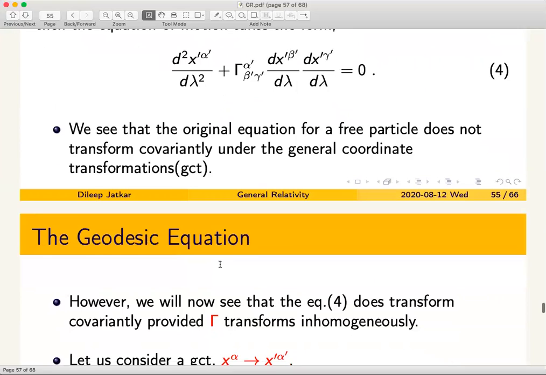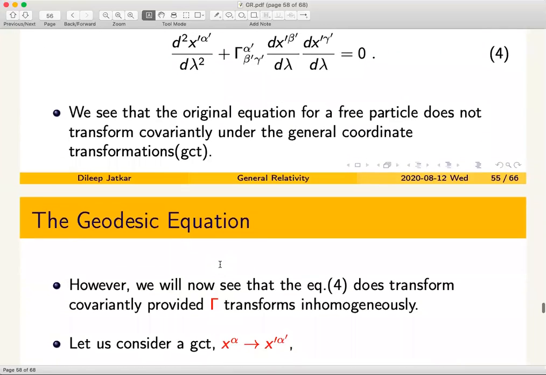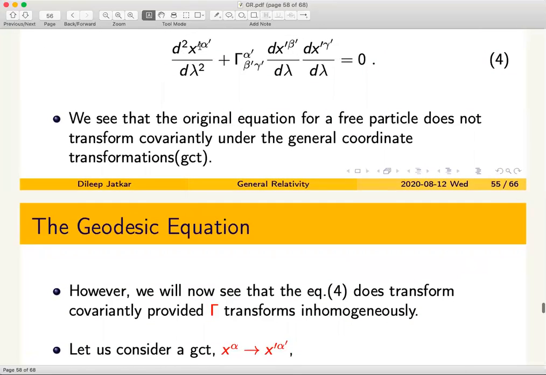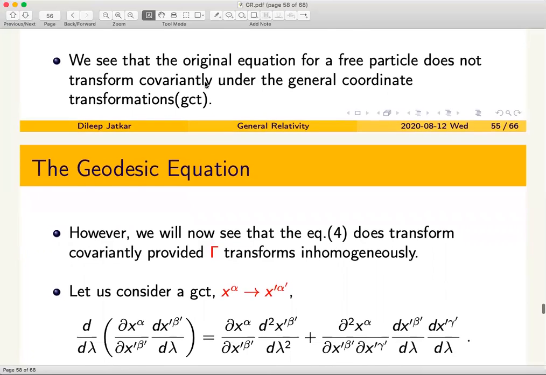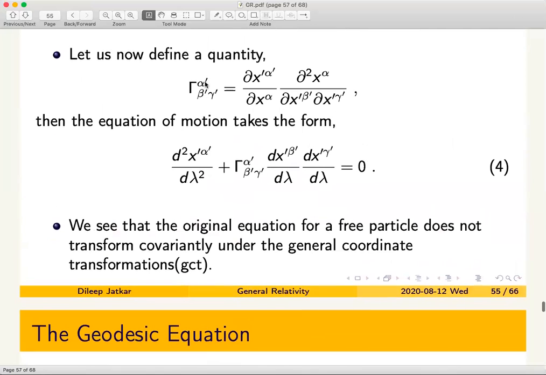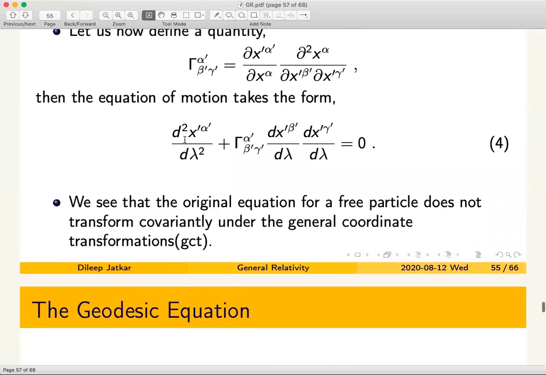So we will treat this equation, which is numbered equation 4, and ask what happens to it if I do a general coordinate transformation. Just to understand that, we can look at this equation again and replace all these primed variables and primed coordinates by unprimed variables and unprimed coordinates. That would be our starting point.